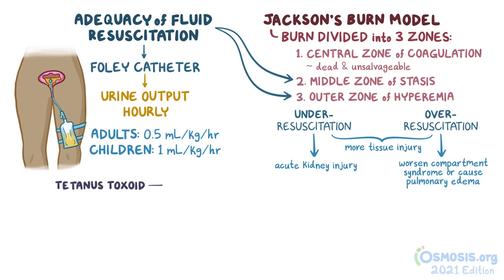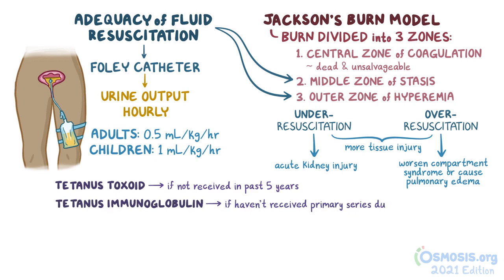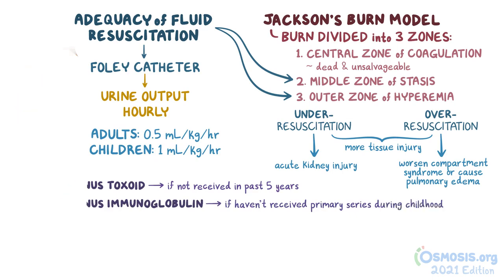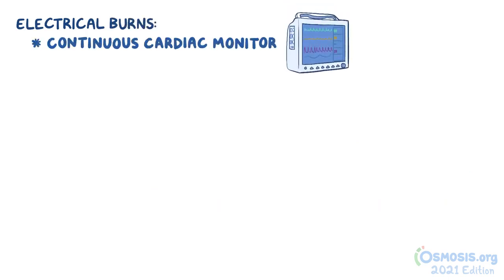Tetanus toxoid should be given if the individual had not received it in the past 5 years. Also, tetanus immunoglobulin is added if they haven't received the primary series during childhood. In addition to fluid resuscitation, individuals with electrical burns should be placed on a continuous cardiac monitor because they might have cardiac arrhythmias.